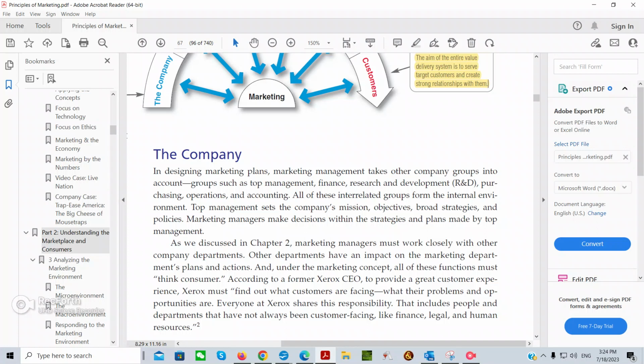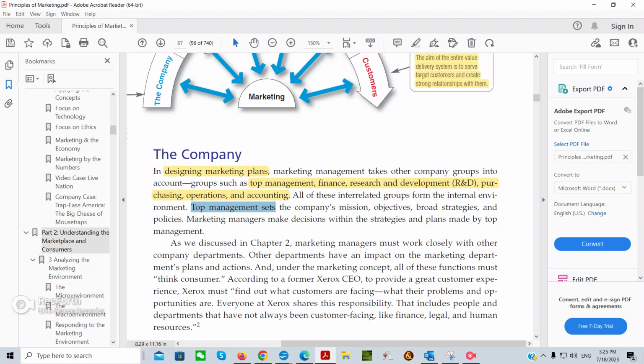In designing marketing plans, marketing management takes other company groups into account. Groups such as top management, finance, research and development, purchasing, operations, and accounting. This is in designing marketing. Now, all these interrelated groups form the internal environment.